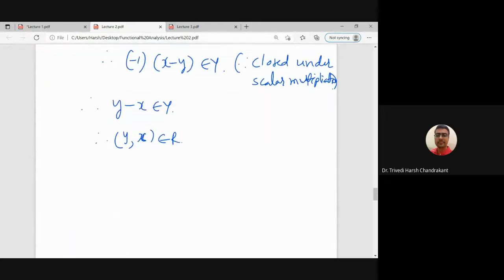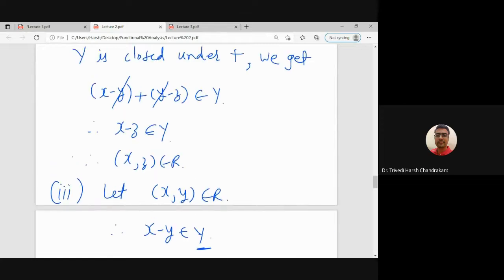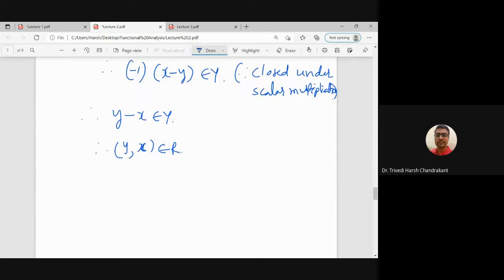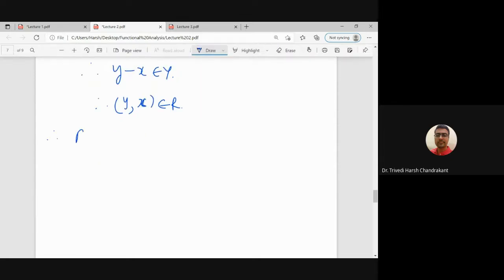Right? The last one is the symmetric property. So therefore R is an equivalence relation.